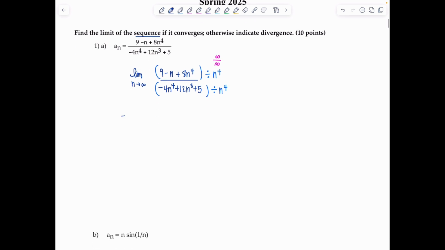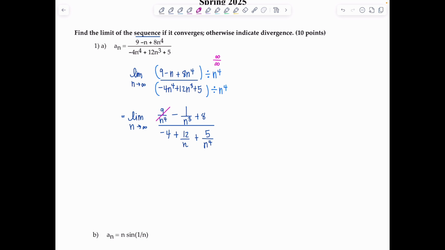So now we've got the limit as n approaches infinity. This first term will be 9 over n to the fourth minus 1 over n cubed plus 8. And then down here we've got negative 4 plus 12 over n plus 5 over n to the fourth.